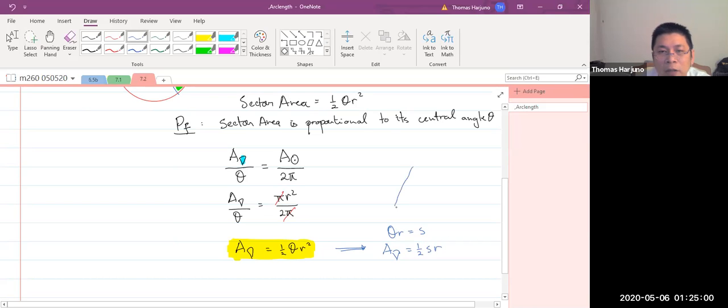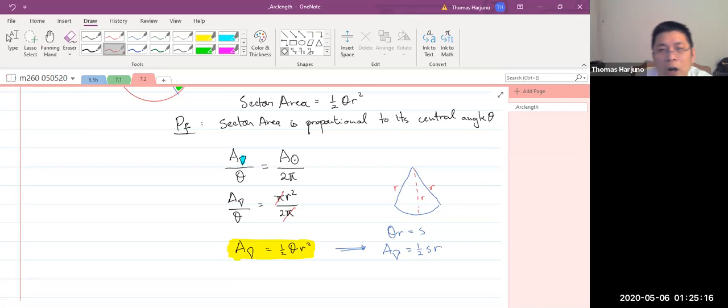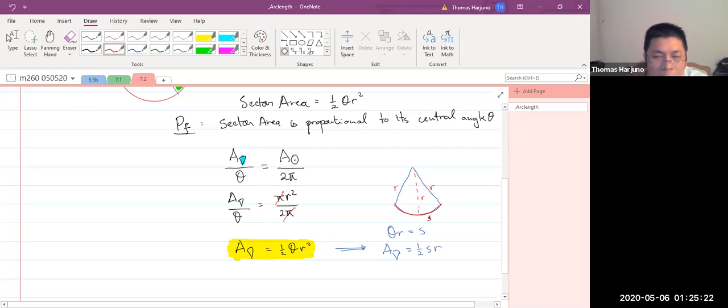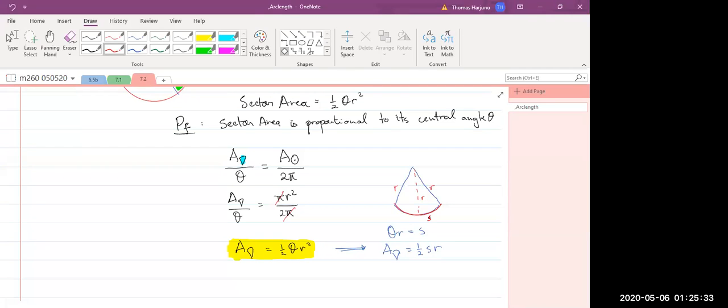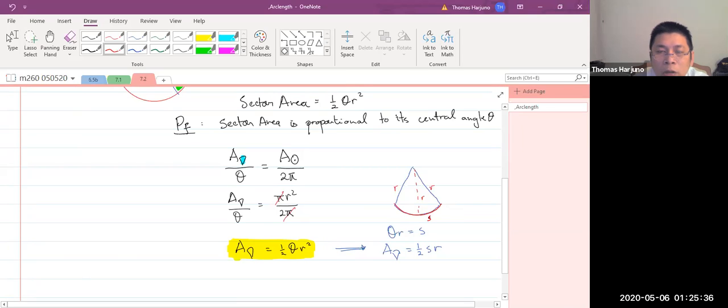If I have a sector, the area of this sector is equal to the radius, and you can pick any radius, multiplied by the arc length, the s. Notice that this formula mimics very closely the area of a triangle. I think that's not a coincidence, but it's irrelevant to say right now.